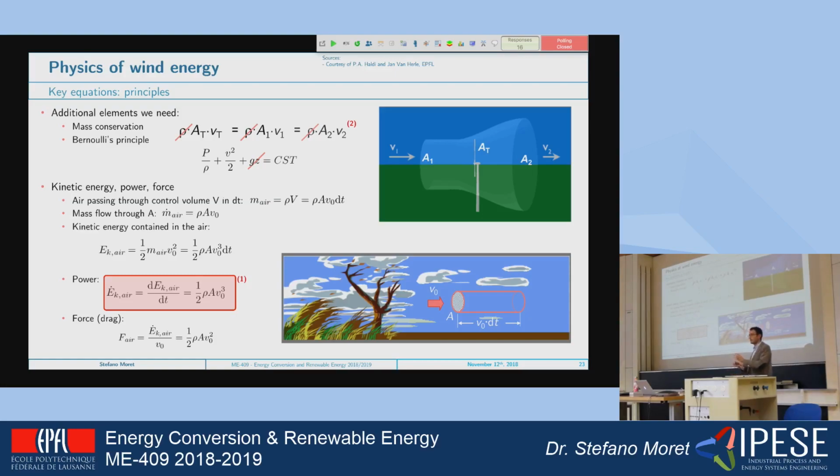So this we can apply before and after the turbine, not of course during the turbine, because there we have a loss of kinetic energy, we have a transfer of mechanical work to the turbine. And before and after the turbine we do not have any difference in height, so the difference will be only in pressure and speed. So these are the key fundamental principles that we will need to derive our formulation.